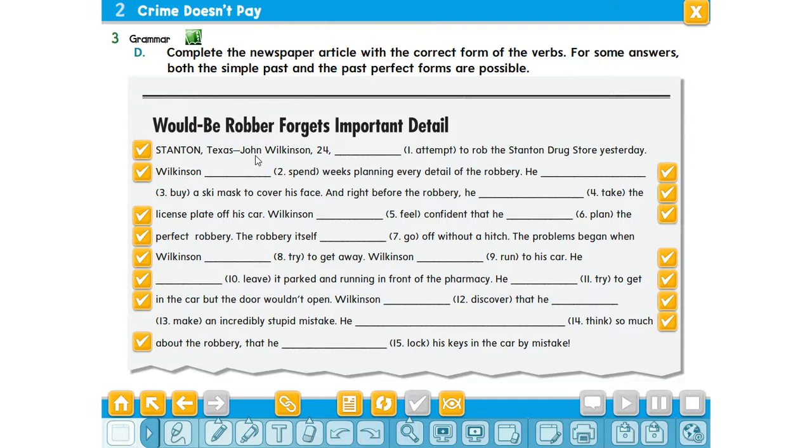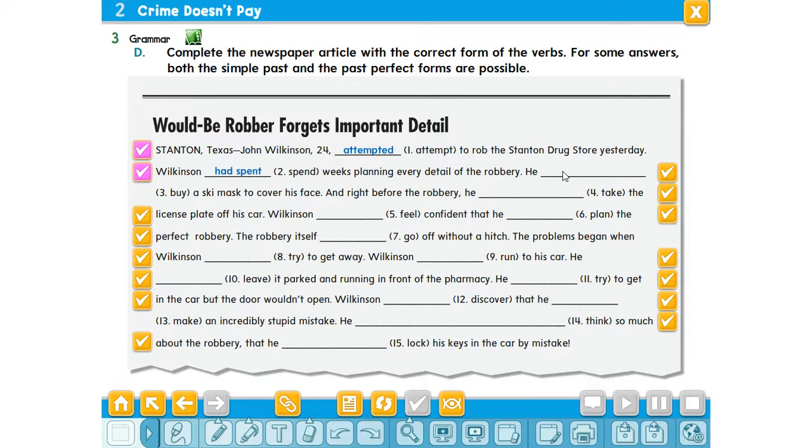John Wilkinson, 24, attempted, because it is in the past, to rob the Stanton drugstore yesterday. Wilkinson had spent weeks planning every detail of the robbery.